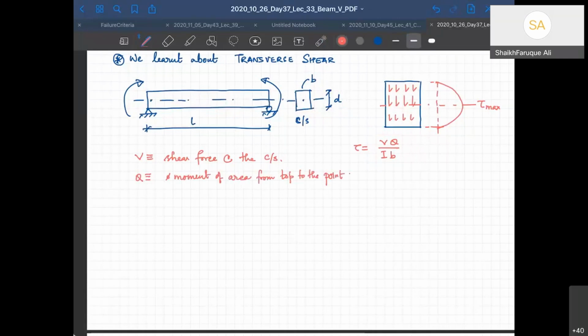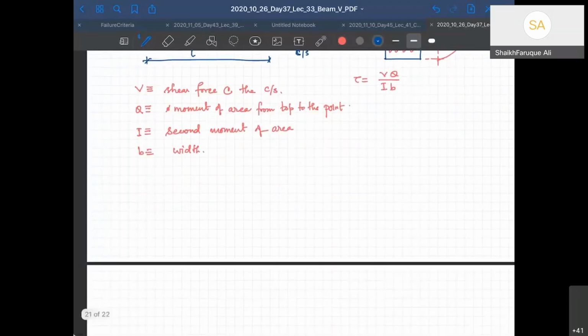Then you have I, the second moment of area, and B is the width. This is what we learned, and we understood how to find this VQ by IB for various kinds of cross sections.